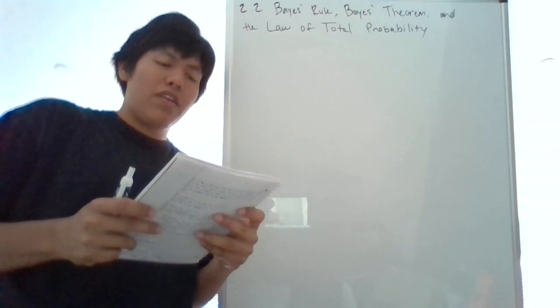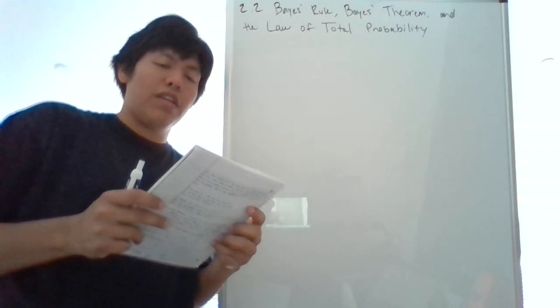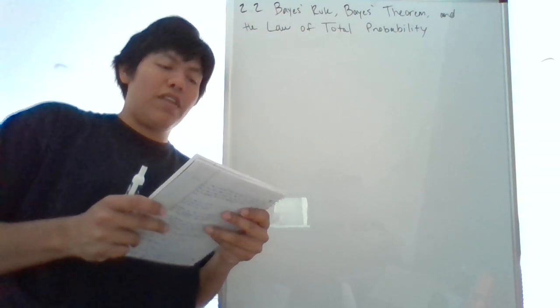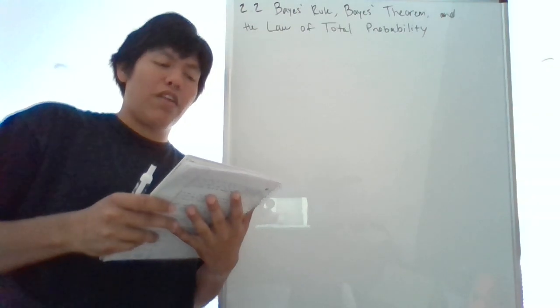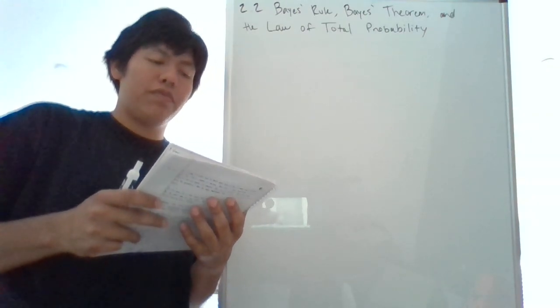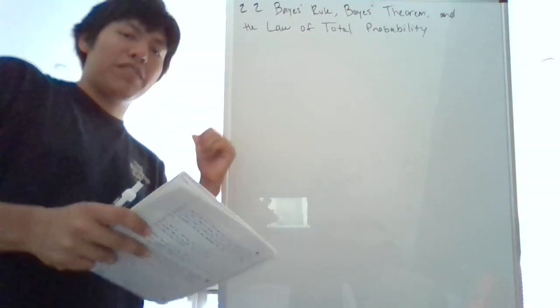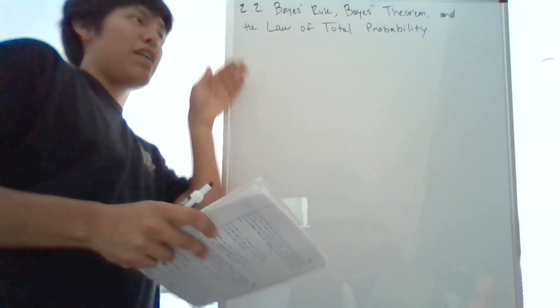The probability of a fraternal set is P, and an identical set is Q, which is equal to 1 minus P. If the next set of twins are of the same sex, formulate the probability that they are identical in terms of Q. Okay, so just like the previous example, we need to find the events A and B.